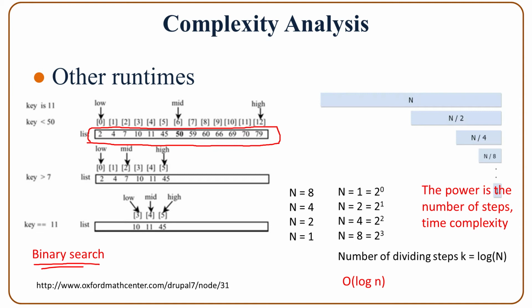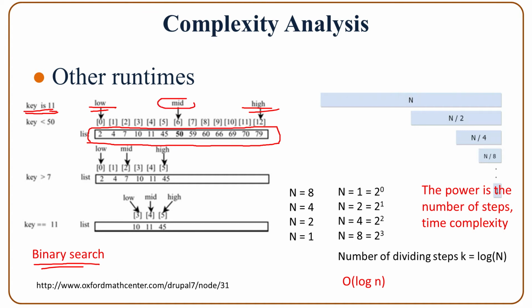And given the key, which is the key that we are searching for in the array. So binary search works like this. From the low value and the high value, we compute the mid value.